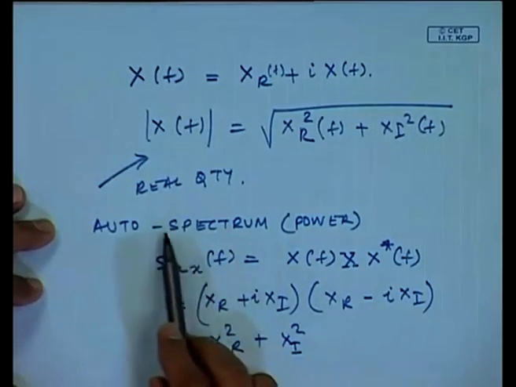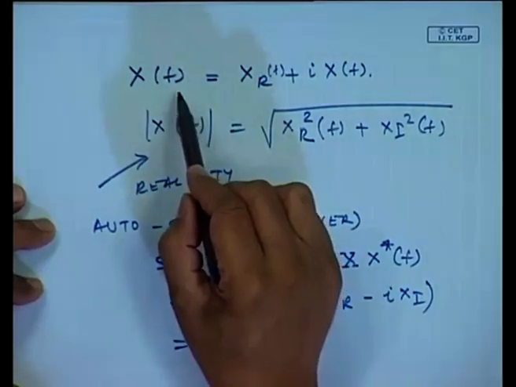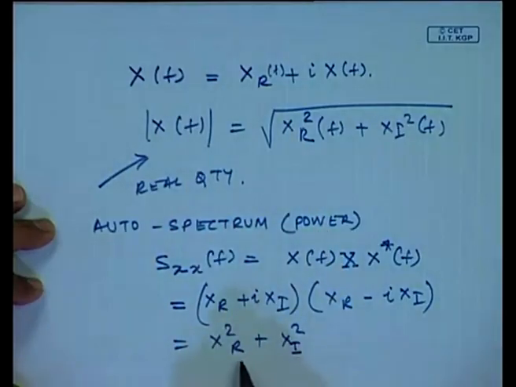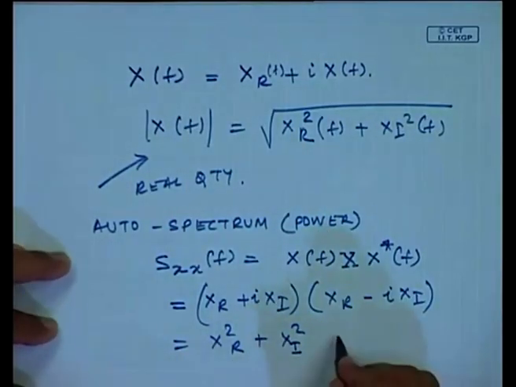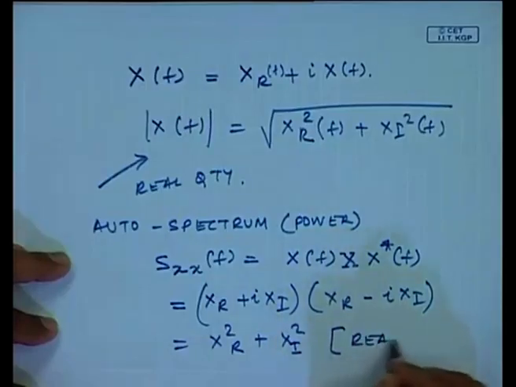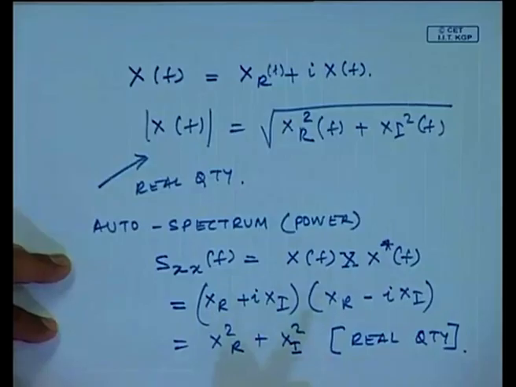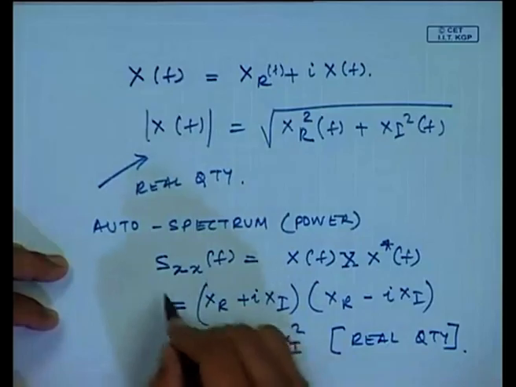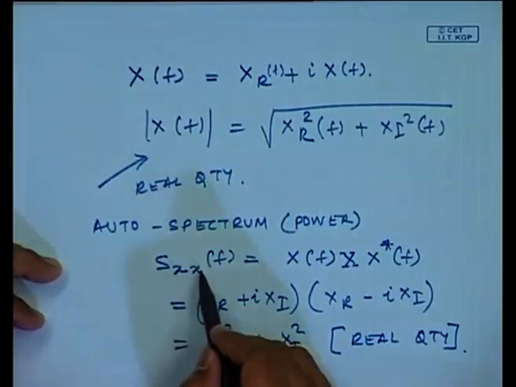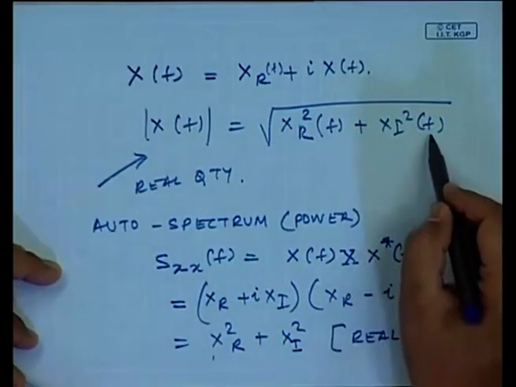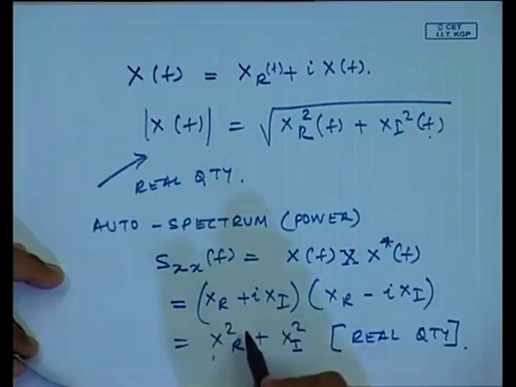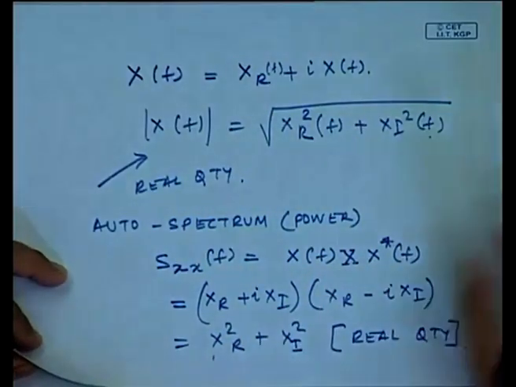So you see, though the FFT is complex, the auto power spectrum is a real quantity. And linear spectrum is nothing but the square root of auto power spectrum. And mind you, they are all functions of frequency. So, the auto power spectrum conveys how much energy is there in that signal.